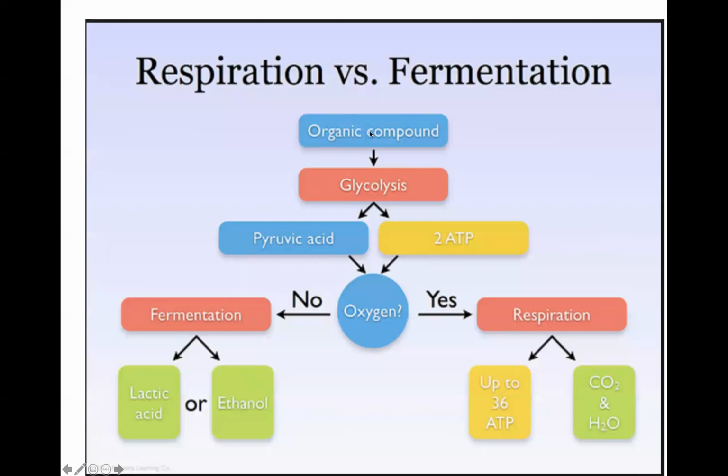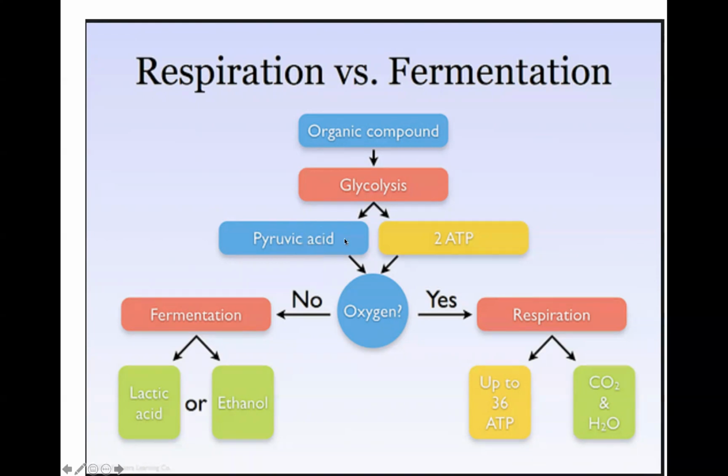So we have these organic compounds that have to be broken down in order to generate energy. The process starts with glycolysis for both respiration and fermentation, right? Pyruvic acid is generated as our first intermediate molecule. Now, we already mentioned that there are a little bit more details that go into what's happening in these pathways, but we're staying on the surface right now just to make sure we understand what's happening.